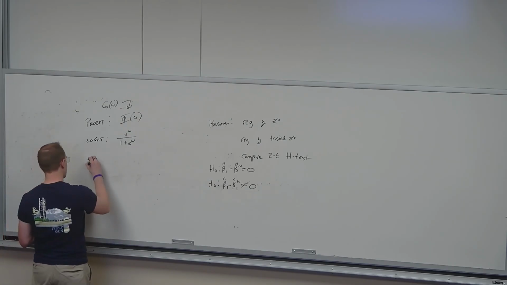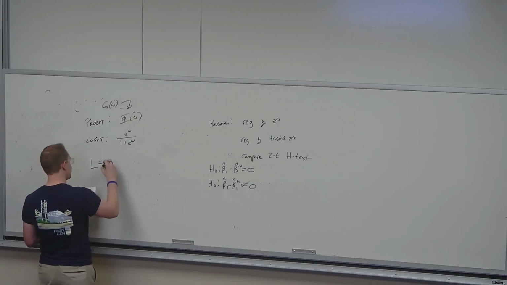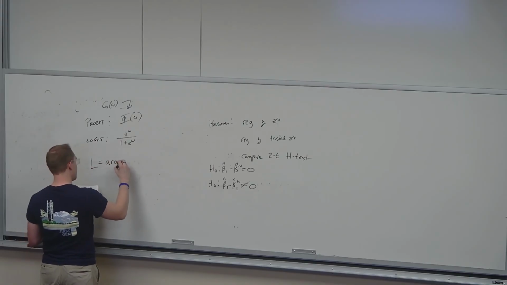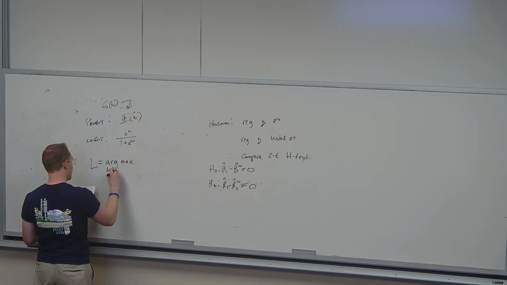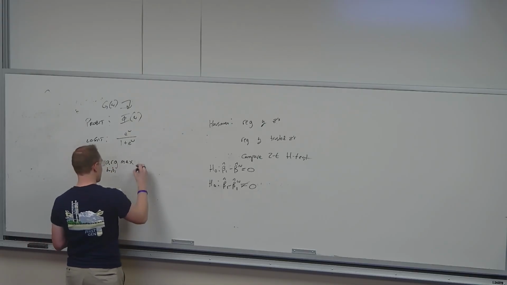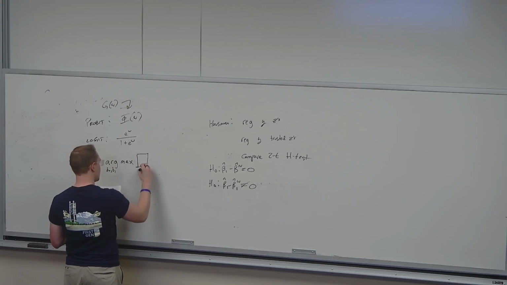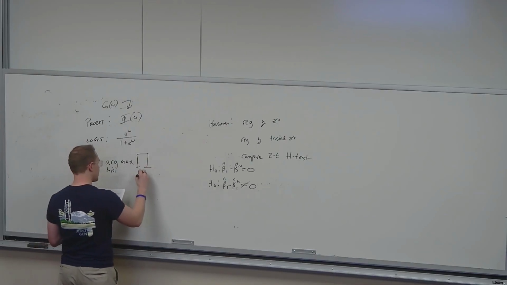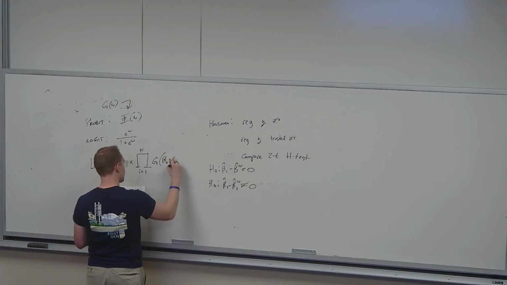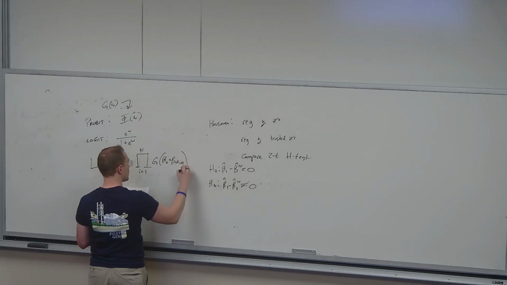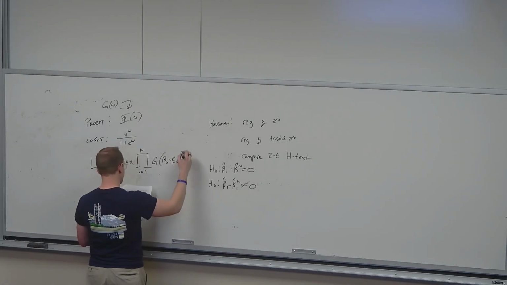So your likelihood function: take the arguments beta naught and beta 1 to maximize the product, i equals 1 to n, of g(beta naught plus beta 1 x1it) to the yit, times 1 minus g(beta naught plus beta 1 x1it) to the 1 minus yit.